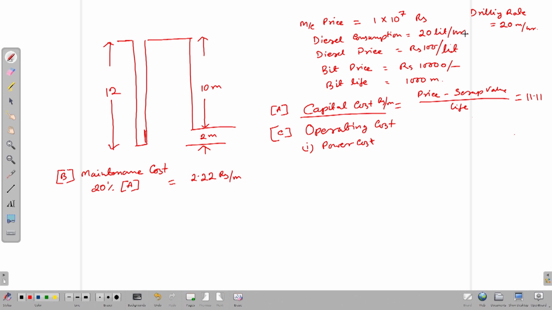In general, most of the diesel engines, and electrical ones also, the power consumptions are basically defined in terms of consumption per hour.